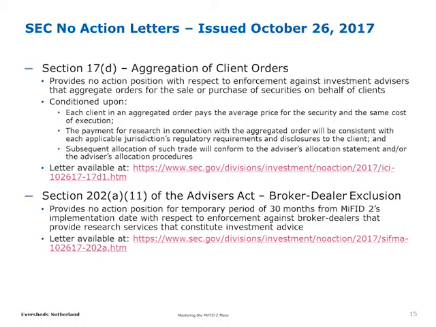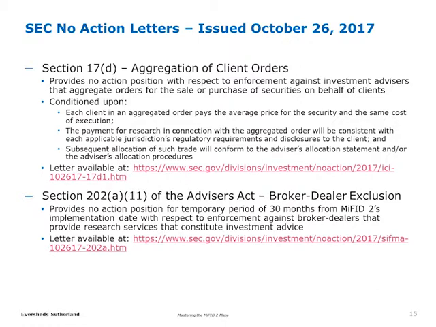The third letter, which is also equally important, and as I said, everyone needs to study all three letters, is a no-action letter issued to the Investment Company Institute, and it will permit investment advisors to continue the practice whereby they aggregate orders for a number of different clients.